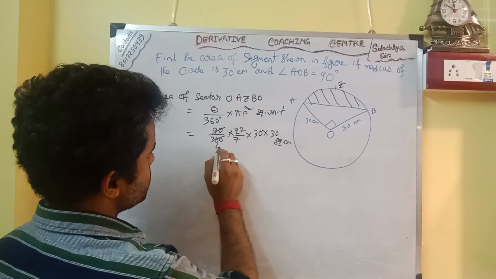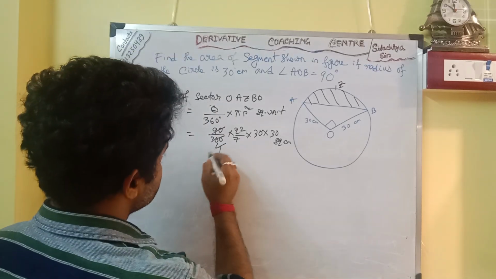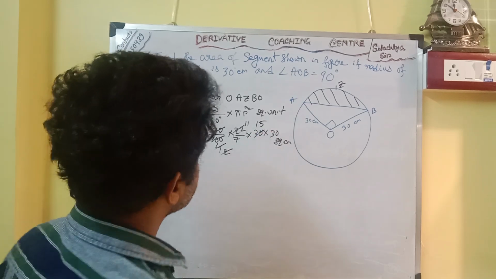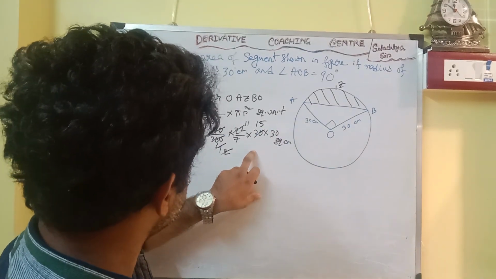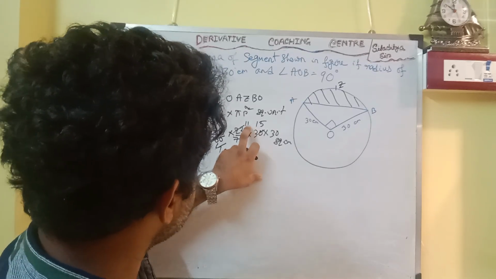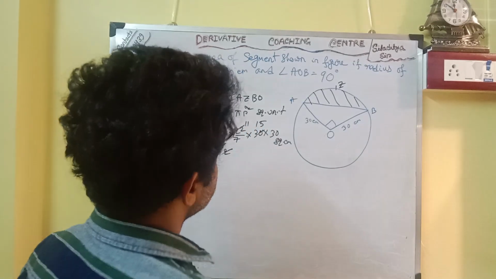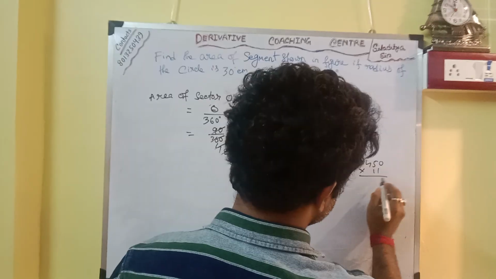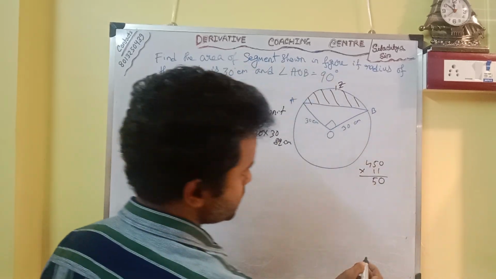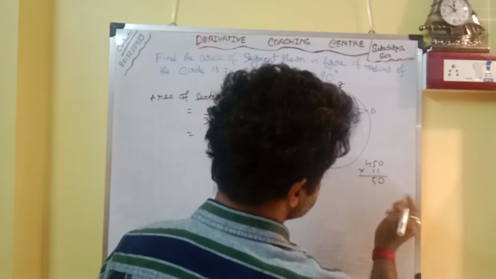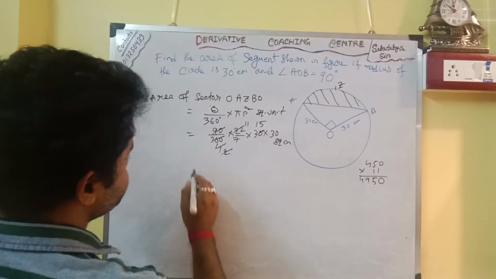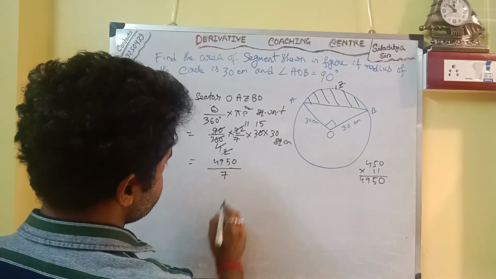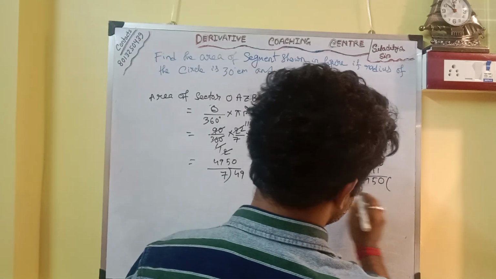Simplifying, we get 11 into 15 into 30, that is 450 into 11, that is 4950 divided by 7.